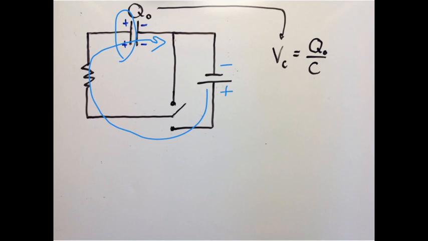A discharging capacitor will do the same thing. And so the direction of discharge is the opposite of the direction of the current during charging. So the direction of the current during charging was this way through the capacitor. As it discharges, it'll go that way.